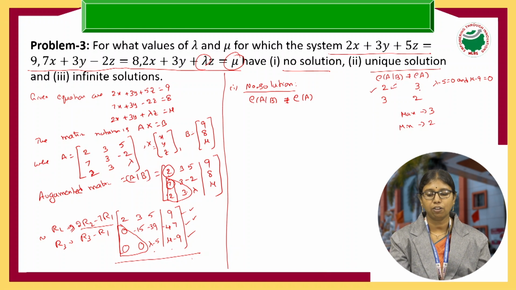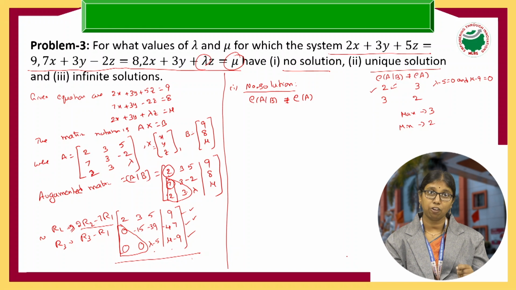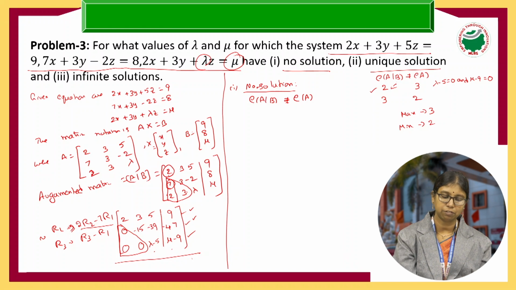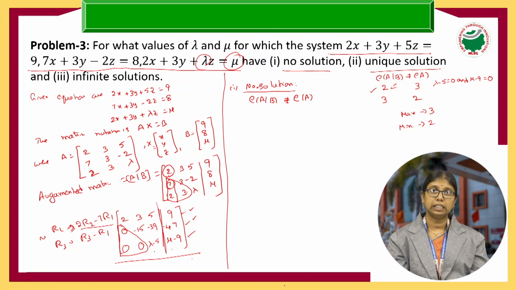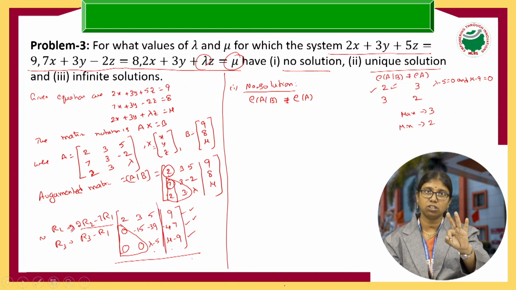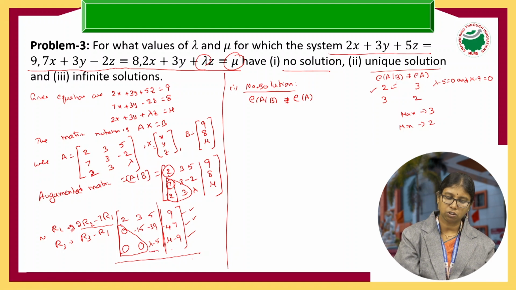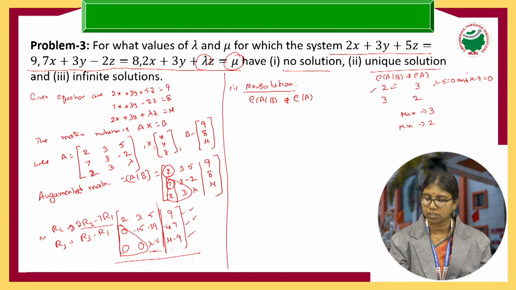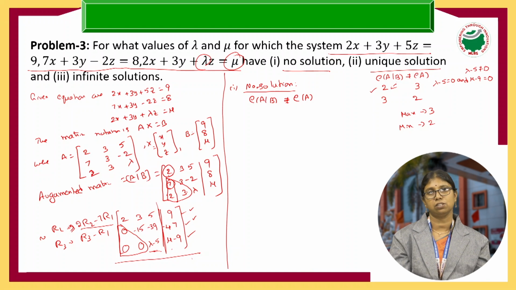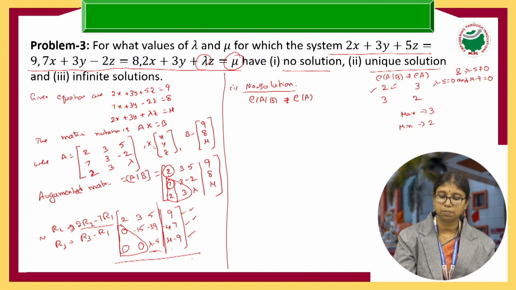Next, rank of A is 3. Rank of A means you have to focus on this matrix up to this only. And here it is 3 means we need 3 non-zero rows. When you will get 3 non-zero rows, if this third row value is non-zero, then only you will get 3 non-zero rows. That means here we are getting another condition, lambda minus 5 not equal to 0. How is it possible?